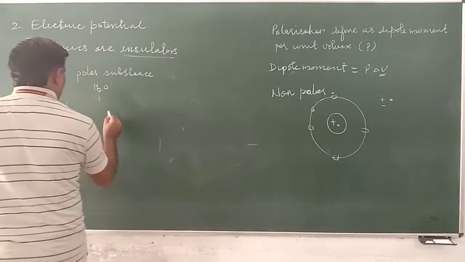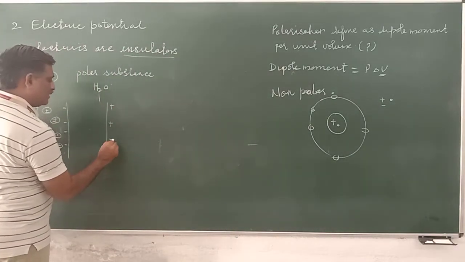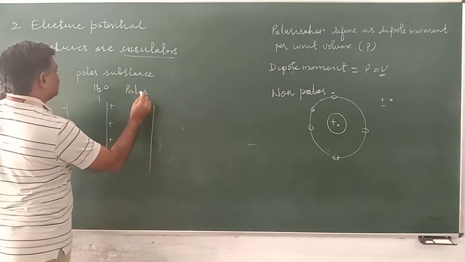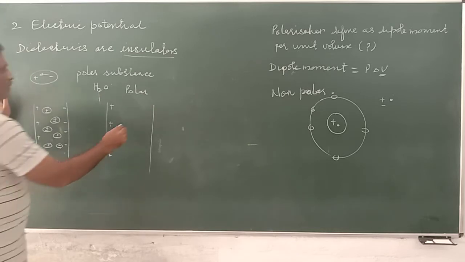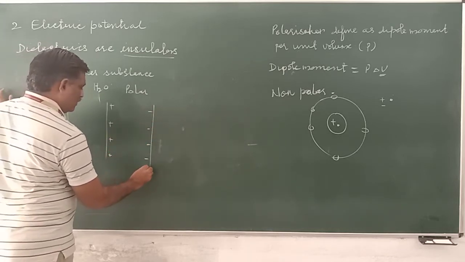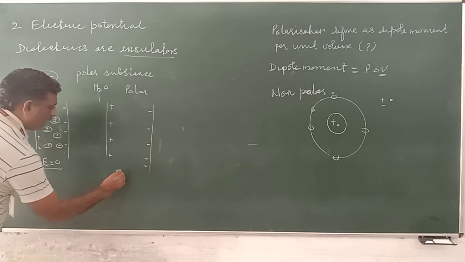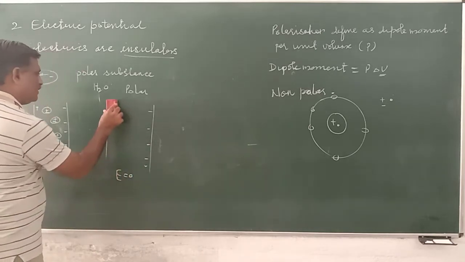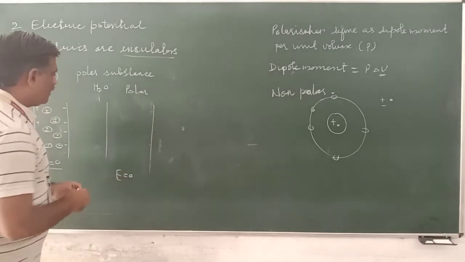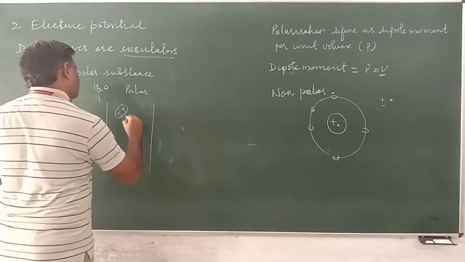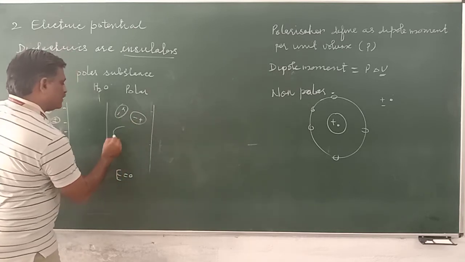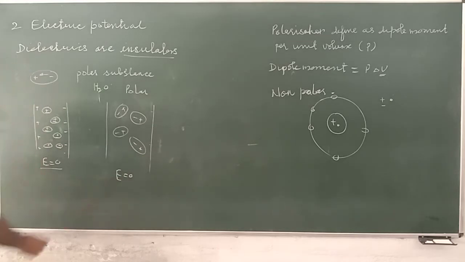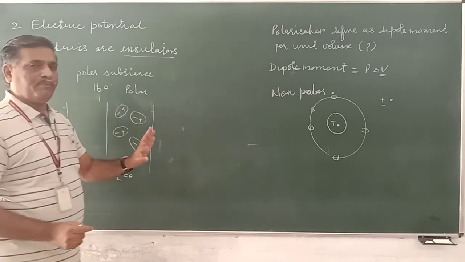Now let us see what about polar. This is plus E, minus. If E is 0, then there is no field. Then all these, minus plus, minus plus, minus plus, minus plus, total dipole is 0.